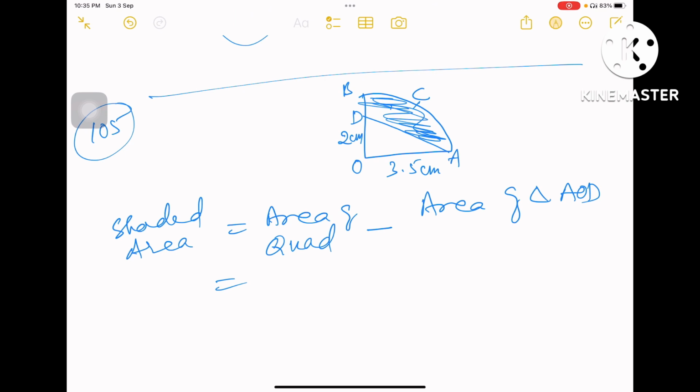Area of the quadrant is theta by 360, that is 1/4, into 22/7, radius is 3.5 into 3.5, minus the area of AOD, half into base is 3.5, height is 2. 2 gets cancelled.